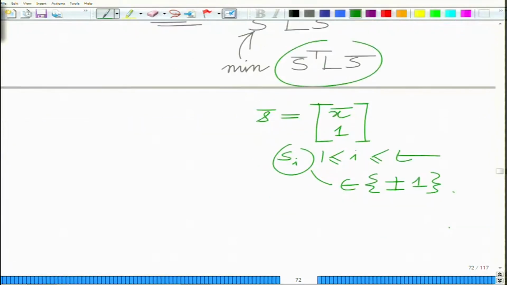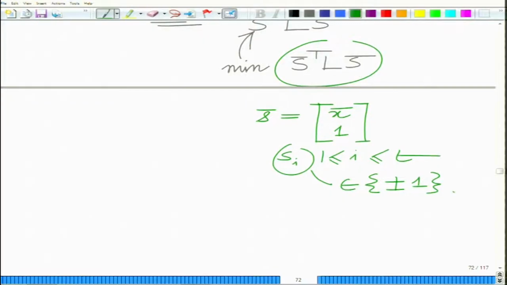These first T elements are still the symbols x1, x2 up to xT. Remember, these still have to belong to the constellation, that is, each of these can only take two values, plus or minus 1, which is where the problem is arising in the first place, because you have this large number of vectors over which you have to search.